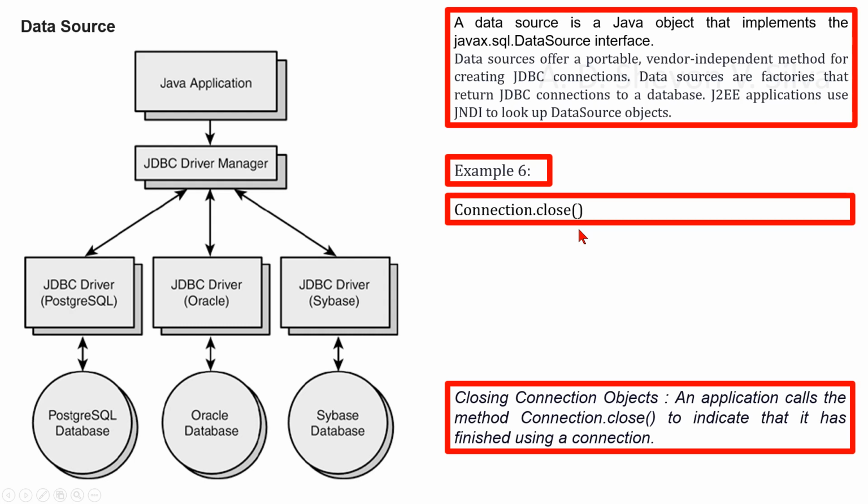All Statement objects created from a given Connection object will be closed when the close method for the Connection object is called. Once the connection has been closed, any attempt to access any of its methods with the exception of the close, isClosed, or isValid methods will result in a SQLException being thrown.